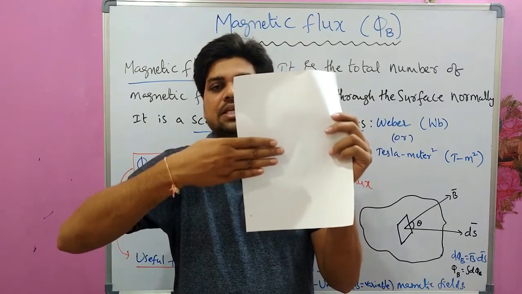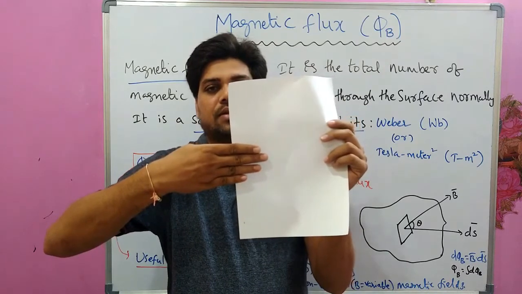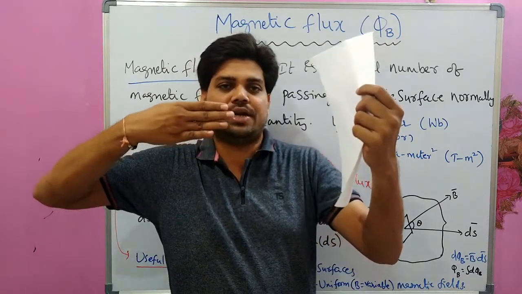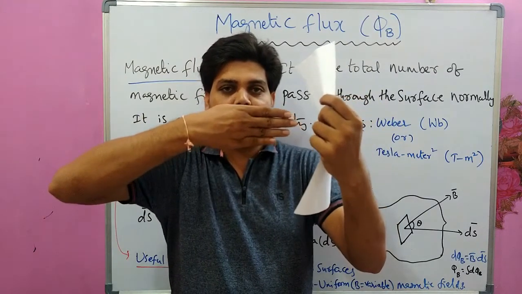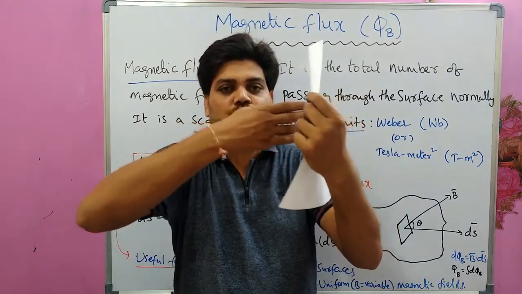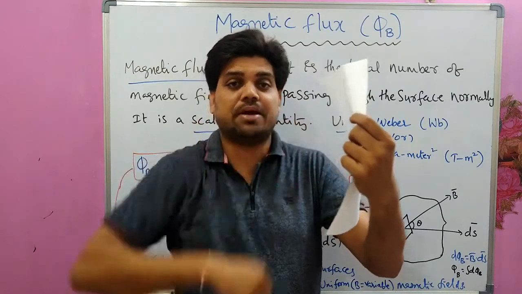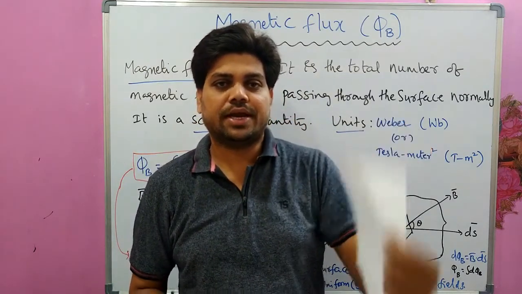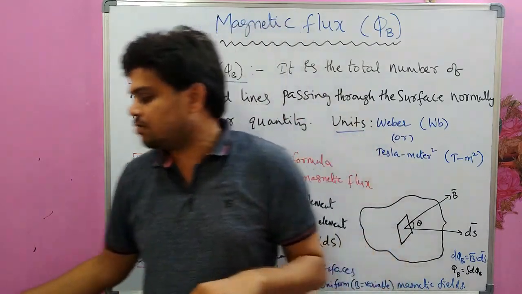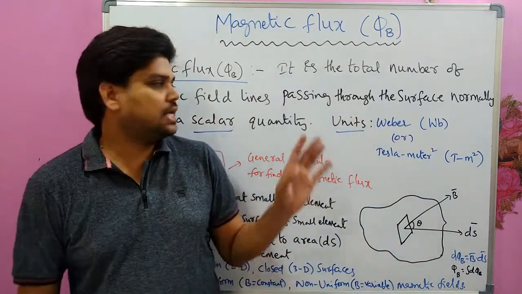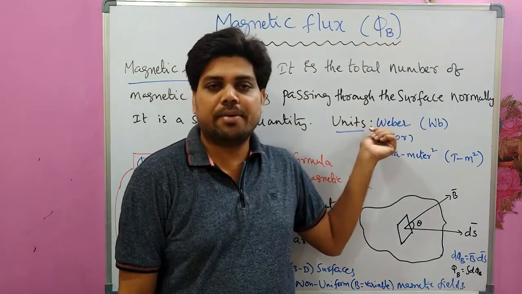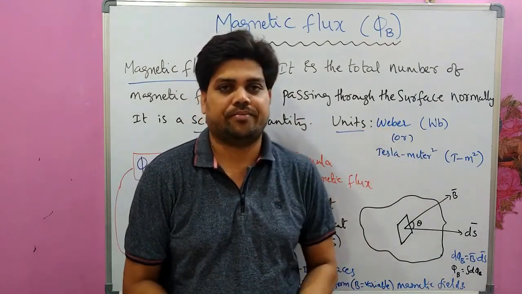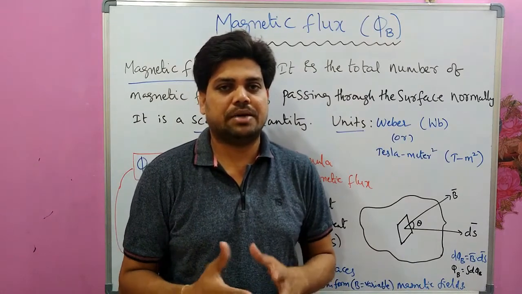So in this case, there is no magnetic flux. So magnetic flux means number of magnetic field lines passing normally through the surface placed in the magnetic field. Right? So it is a scalar quantity which has units Weber or Tesla meter square.